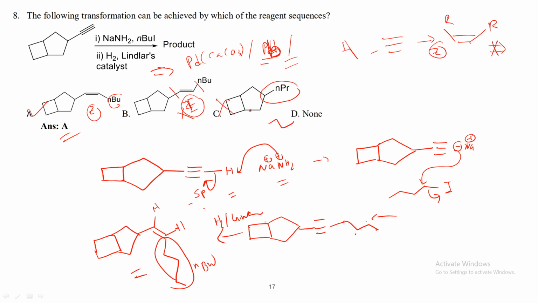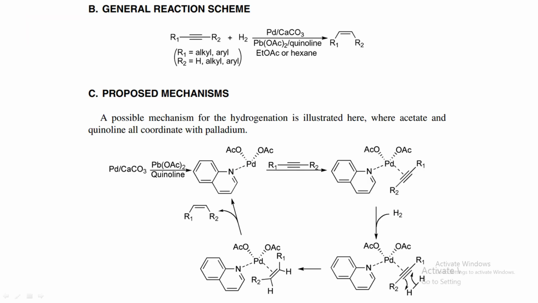So now let's see how this H2 Lindlar's catalyst does the syn reduction. So here it's the general reaction scheme for this Lindlar catalyst. So here this palladium and calcium carbonate in presence of this Pb lead, it acts as poison.